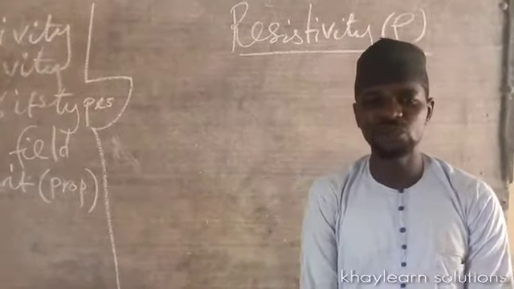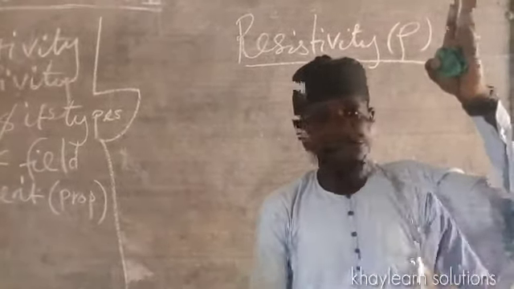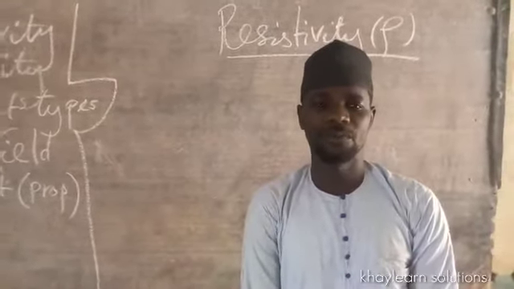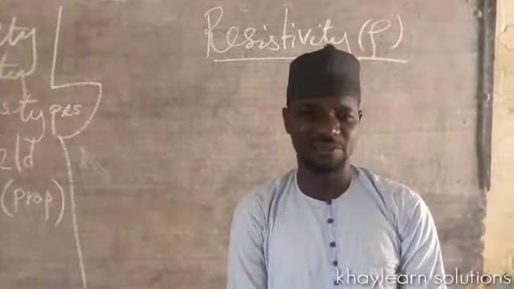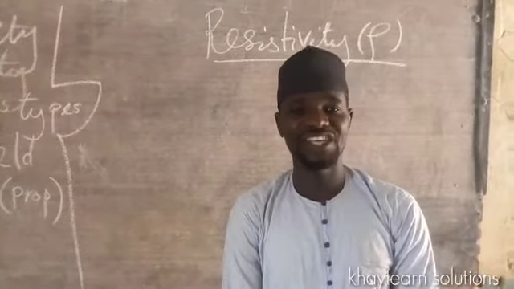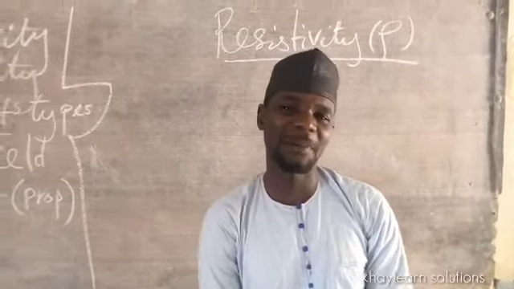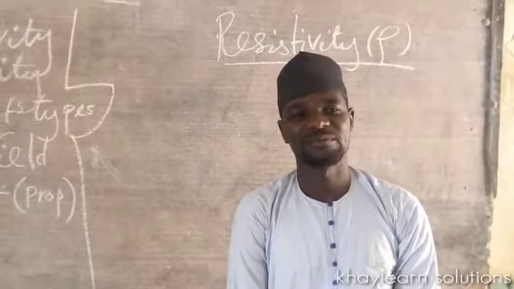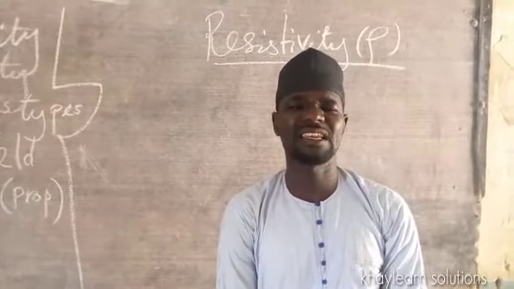Developed countries use silver rather than copper to make their high tension wires. Why? Because silver is durable and it has a very low resistivity with a high conductivity. But here in Nigeria, we use aluminium instead of even copper and silver. Aluminium can conduct electricity, but it easily gets damaged.